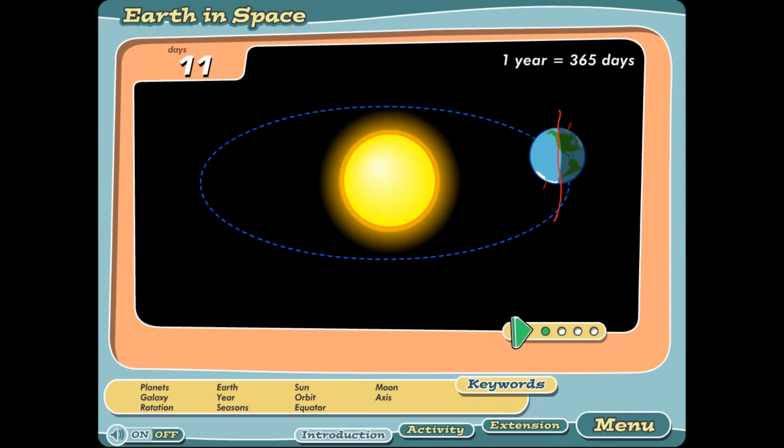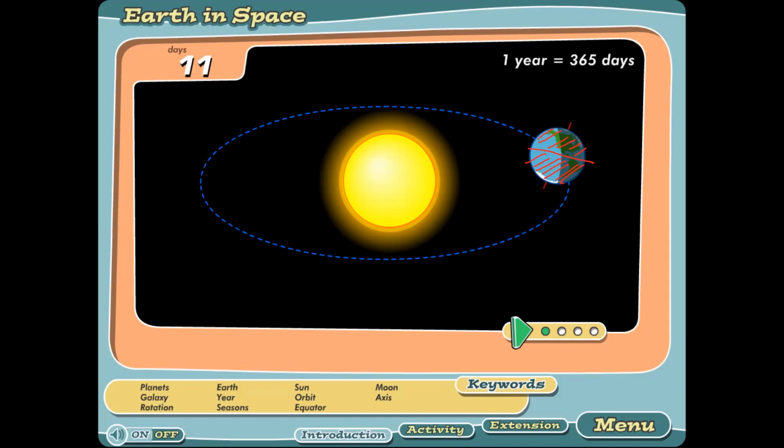That leads to the northern hemisphere of the Earth, or this part, being inclined away from the sun, and the southern hemisphere of the Earth inclined toward the sun.